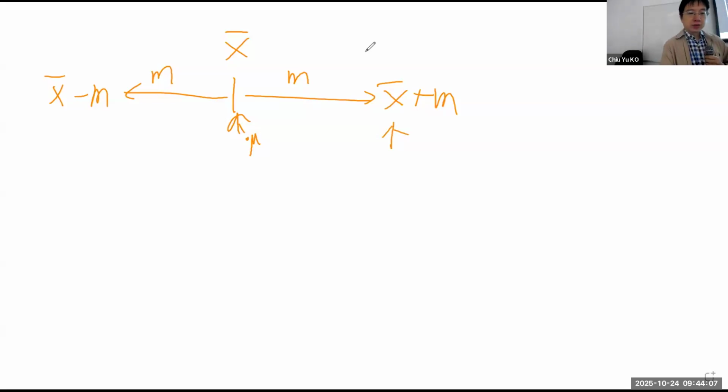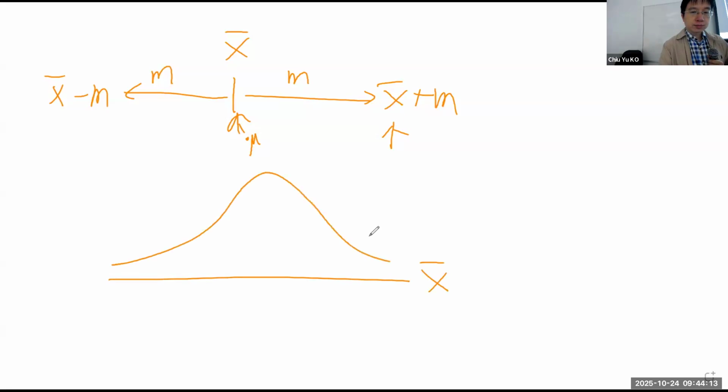So the idea is like this, right? X bar follows a normal distribution centered at mu, with variance sigma squared over n. And the sample we got is somewhere here, anything can happen, right?